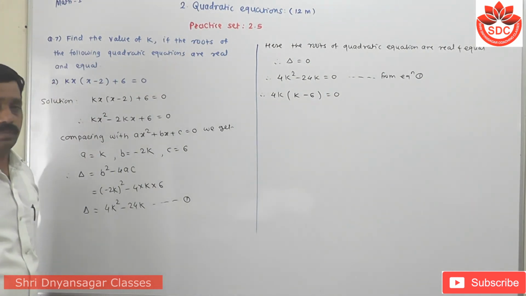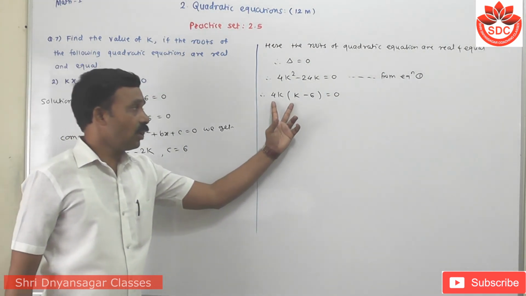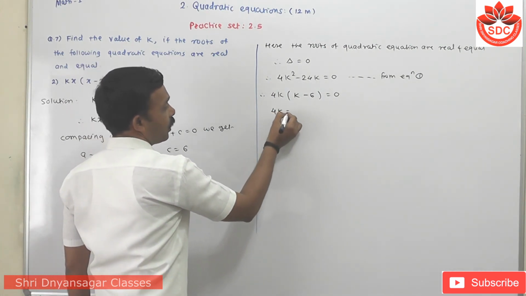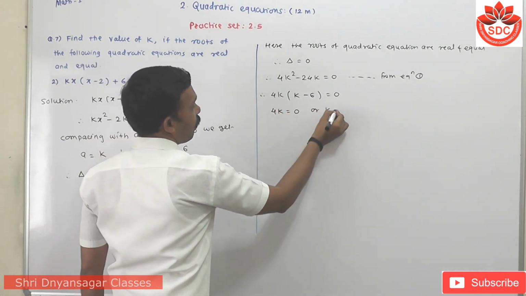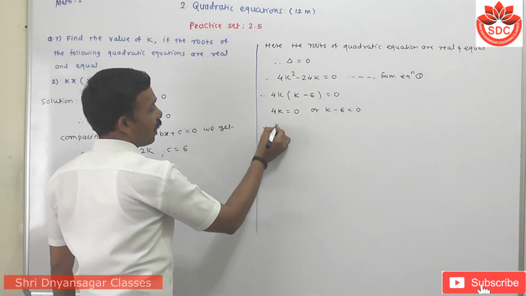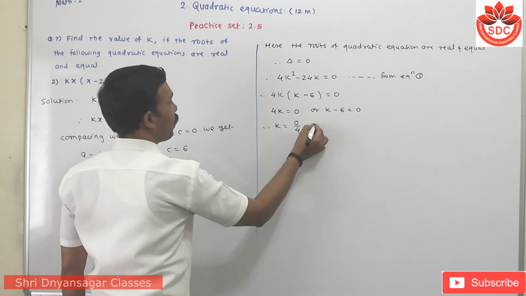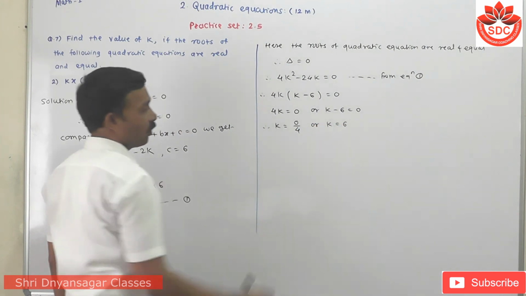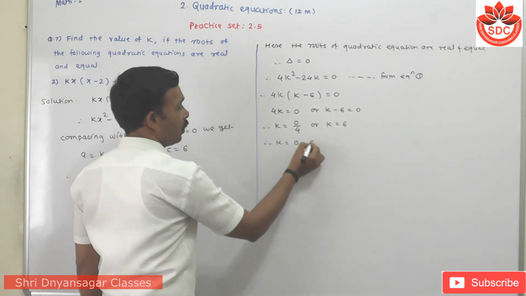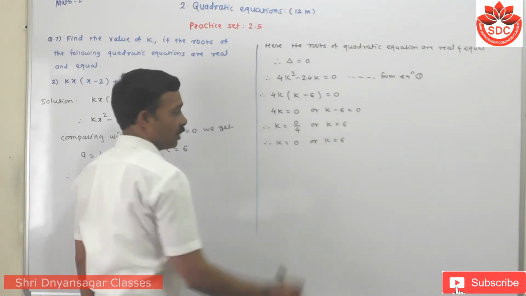If the product of two terms is 0, then we know that at least one of them must be 0. So 4k is equal to 0, or k minus 6 is equal to 0. Therefore, k is equal to 0 upon 4, that is 0, or k is equal to 6.